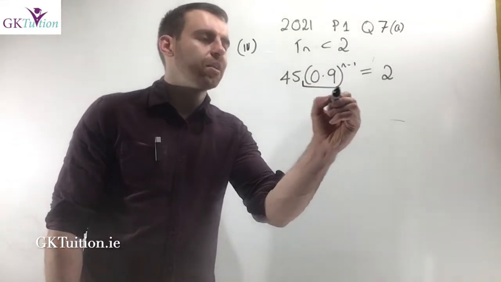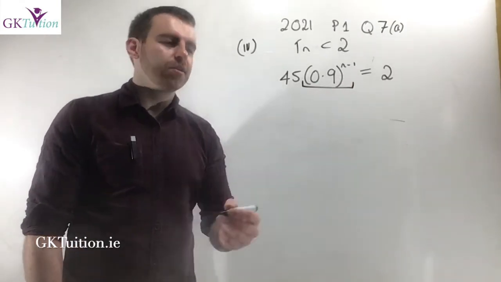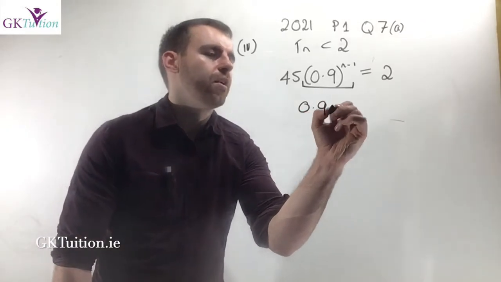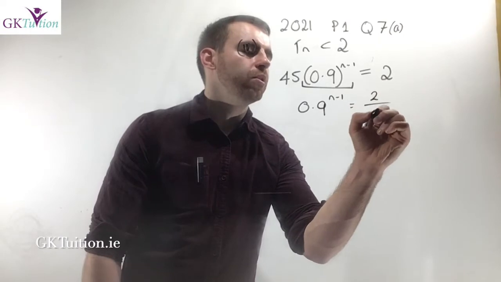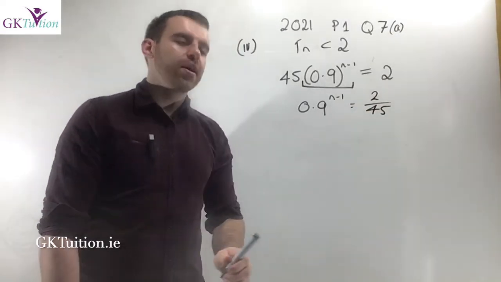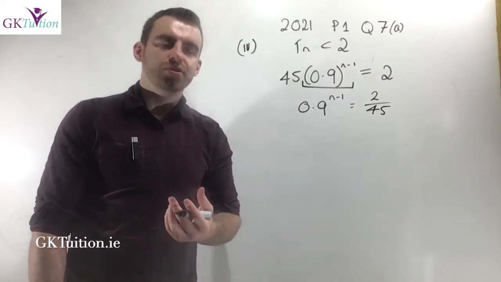However, I can't introduce logs yet because I have to isolate this first. So the first thing I'll do is divide both sides by 45. I'll get 0.9 to the power of n minus 1 equals 2 divided by 45. Now that I've isolated the part of the expression with the unknown in the power, I'll introduce logs.